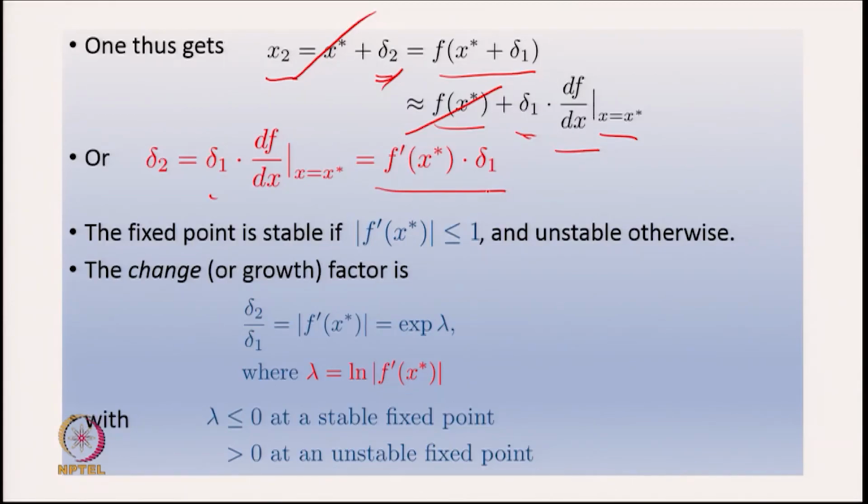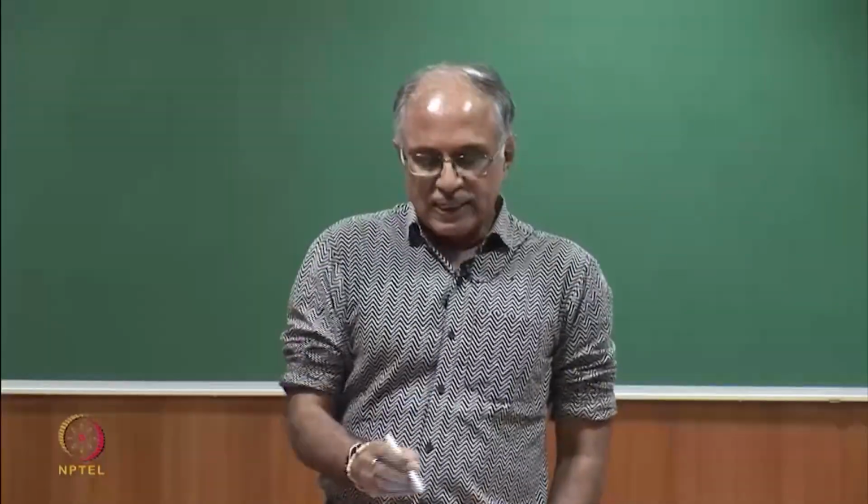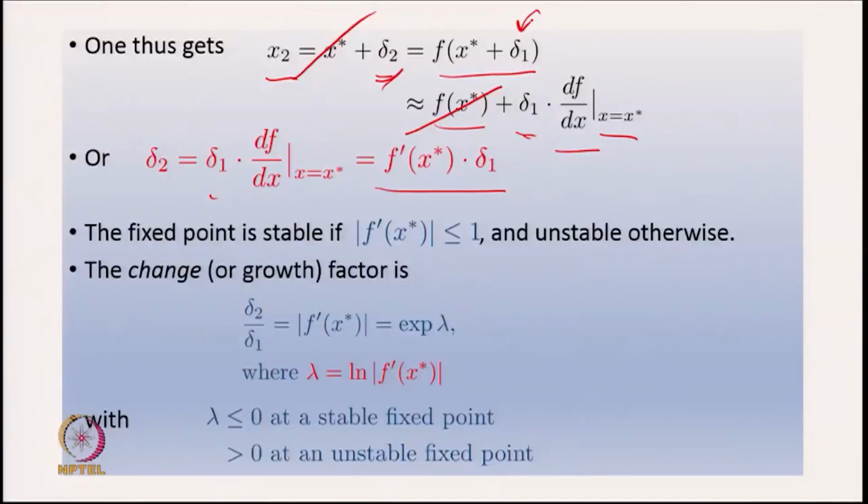Now, this fixed point is going to be stable if f prime is less than 1 in modulus, and it is unstable otherwise. So, the initial separation, which was delta 1, has become delta 2, and the change factor, it could be a growth factor or a shrinkage factor, is just delta 2 by delta 1, and this is simply the modulus of f prime of x star.